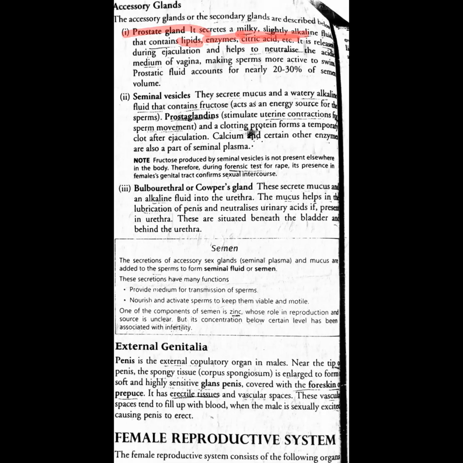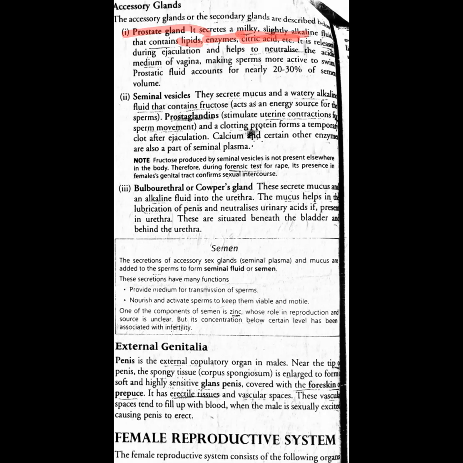And during ejaculation, when the male is getting excited and is going to release the sperm, the prostate gland secretion also comes out along with the sperm. As it is alkaline, it will maintain the sperm in alkaline condition. And as it has lipids, enzymes and citric acid, it nourishes the sperms.